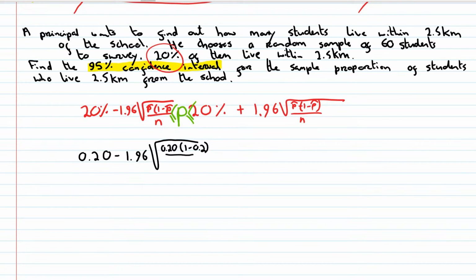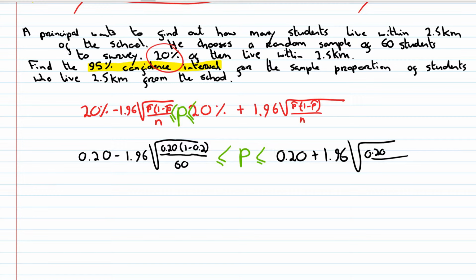That's all over n, which is 60. And then I have my real population, and my 20% will go to 0.20 plus 1.96 square root of 0.20 times 1 minus 0.20, and that's all over again the 60.